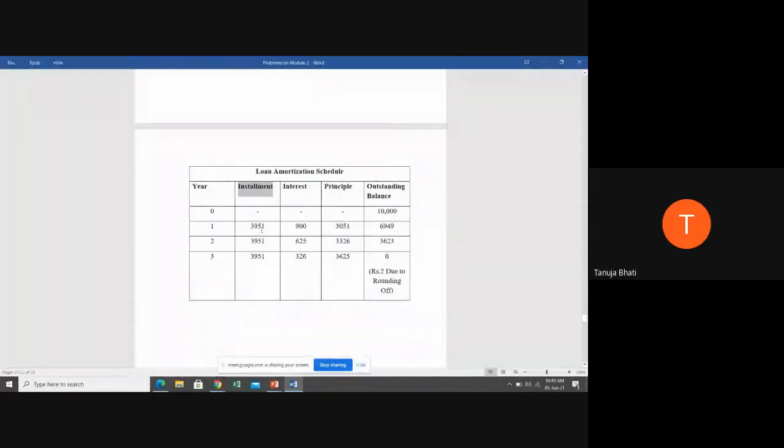The loan amount, the present value, divided by the present value annuity factor. Now, how do I calculate interest for each year? Outstanding balance into the rate of interest, 9%. Very good. How do I calculate the principal amount? Annual installment minus interest.